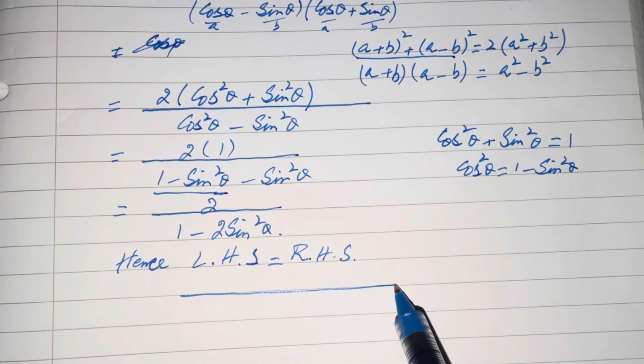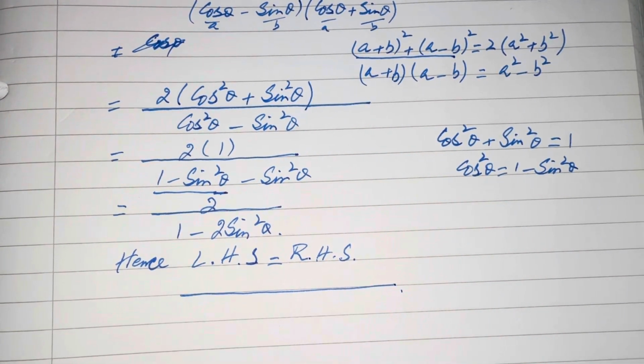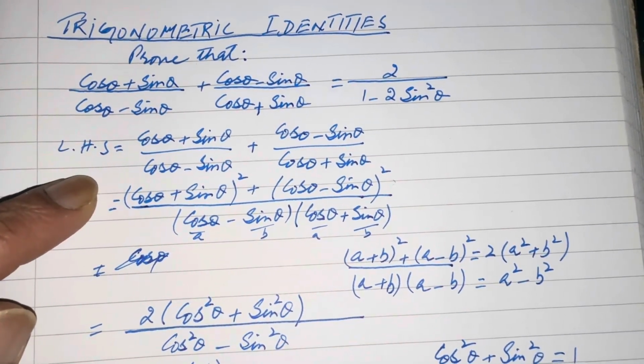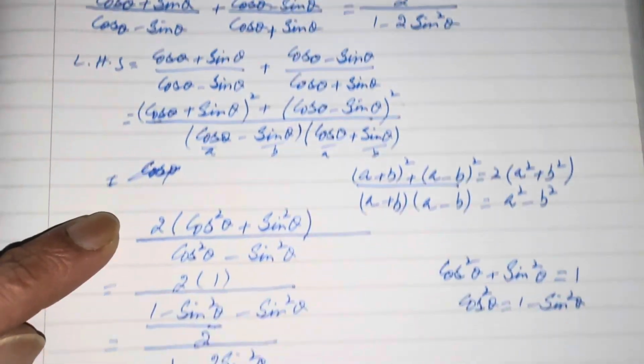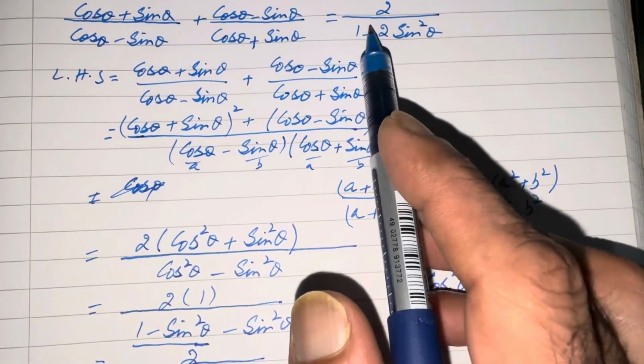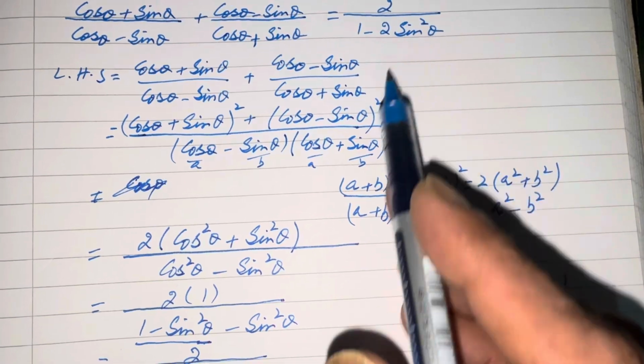That's the answer, we have proved that if we simplify the left hand side, we get the right hand side, 2 over 1 minus 2 sin square theta.